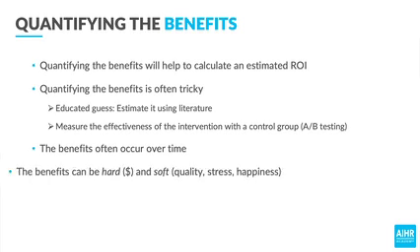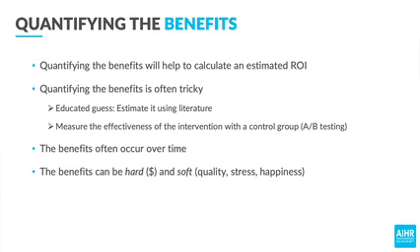Another point is that the benefits can be hard, so that they can be financial, but they can also be soft. You can have benefits in terms of quality, less stress, higher happiness in the organization. Your organization is a better employer. Those are soft outcomes, and those soft outcomes can again be quantified into financial outcomes.